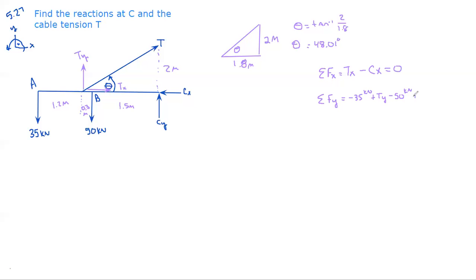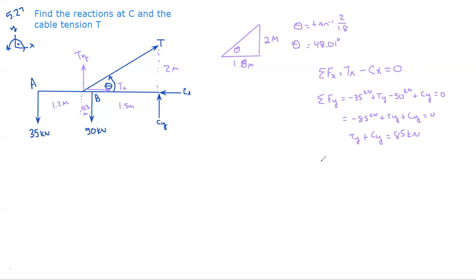And we've got a positive force in the Y direction at point C due to the reaction at point C. Combining those terms, negative 85 kilonewtons plus Ty plus Cy is equal to 0. I'm going to go ahead and rearrange this to get the variables by themselves by adding 85 kilonewtons to both sides, because I know that eventually, as we've seen in the other problems, we're going to need that. Right, so still have not solved anything.